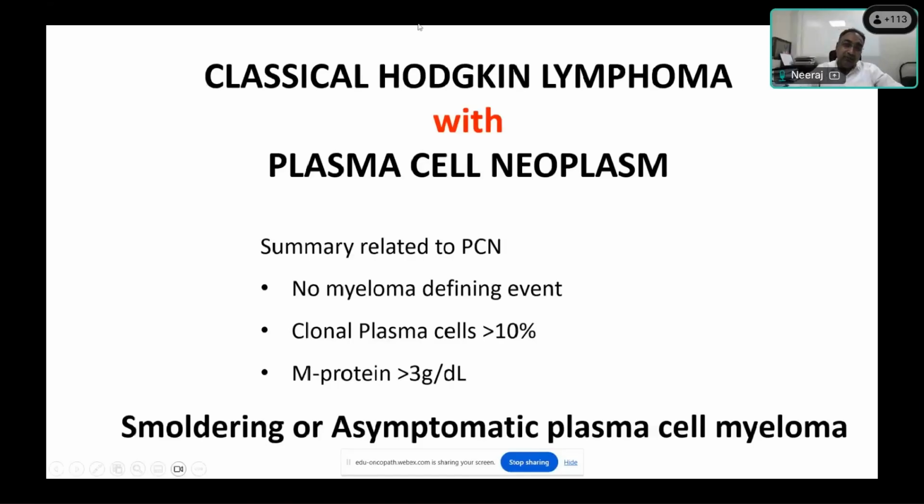To summarize, there were no myeloma defining events, no CRAB criteria, no SLiM criteria, but there were clonal plasma cells on the biopsy, around 15 to 20%, fitting clonal plasma cells of more than 10%, and an M band of more than 3 grams. No other markers related to plasma cell neoplasms are present. So what we are dealing with is probably a smoldering or asymptomatic plasma cell myeloma along with classical Hodgkin lymphoma. So this was the case.